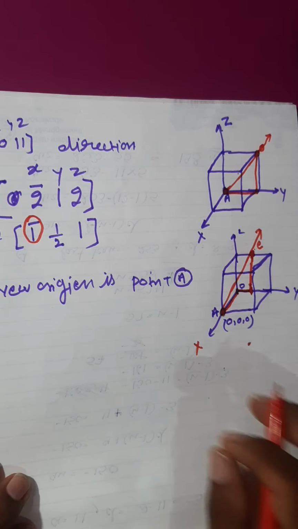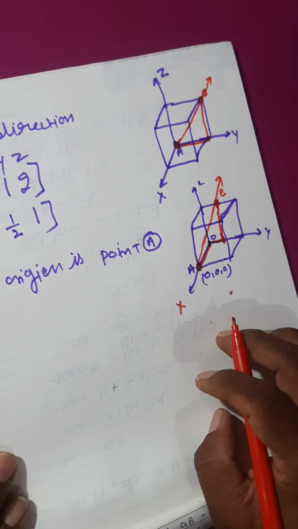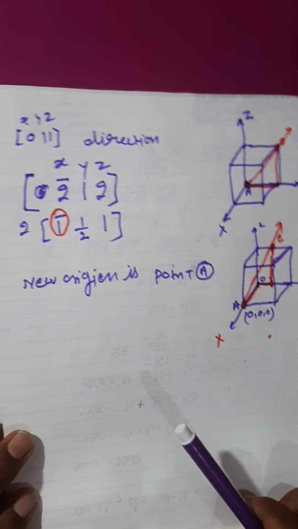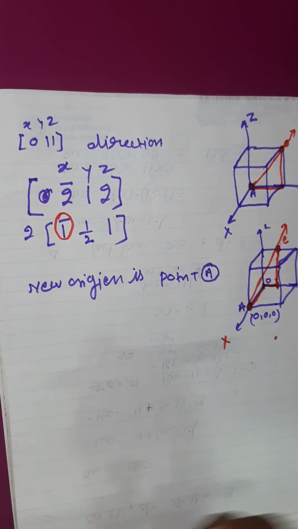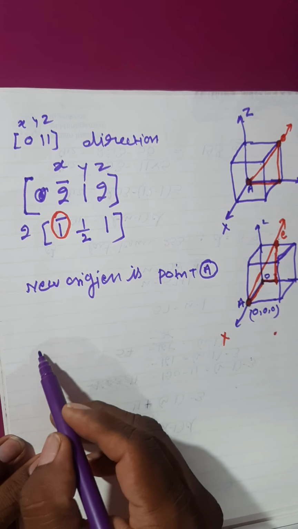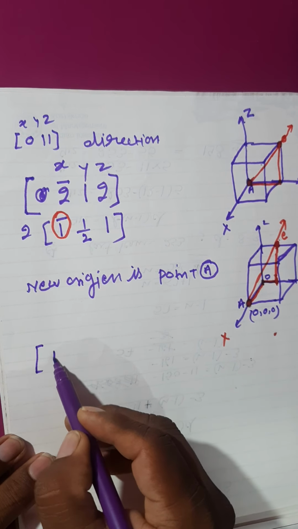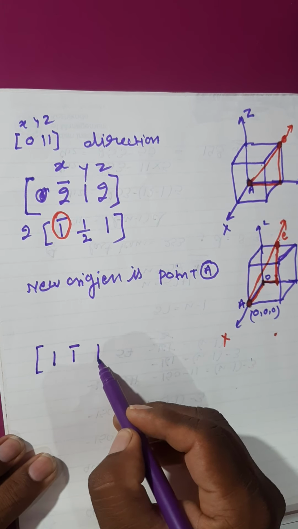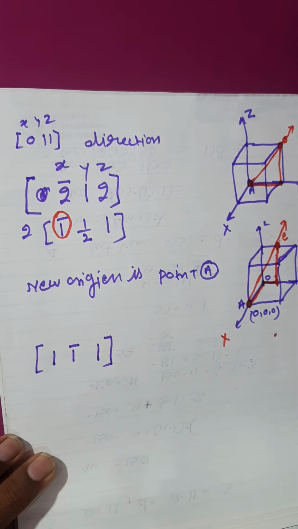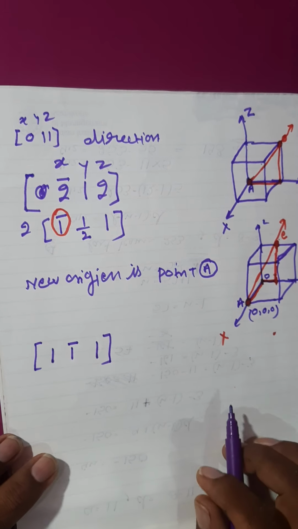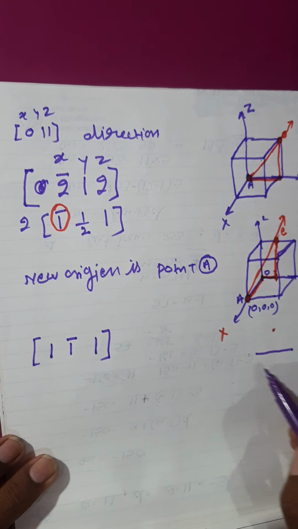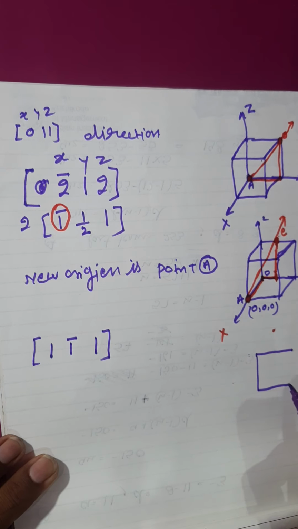Let us consider one more example. Suppose you are given 1 bar and 1. We have to find out the direction of these indices. So first we will make a unit cell.